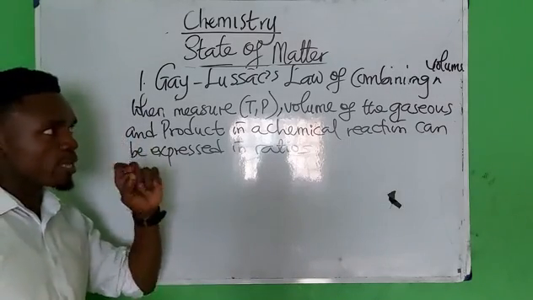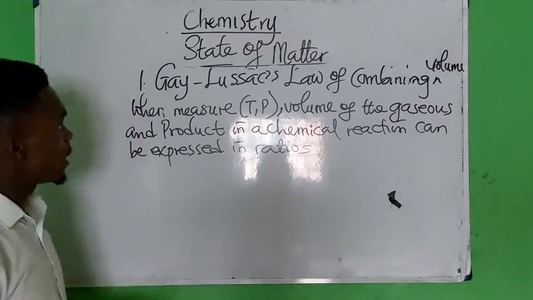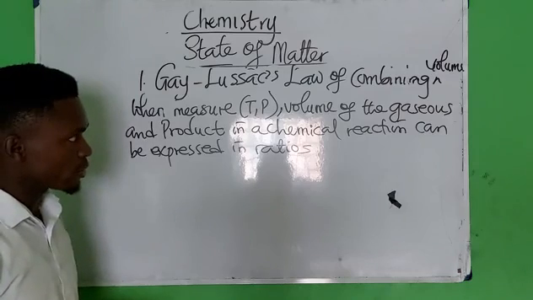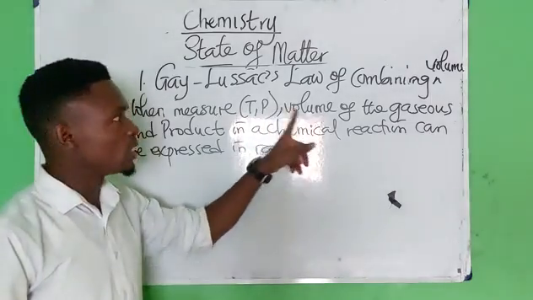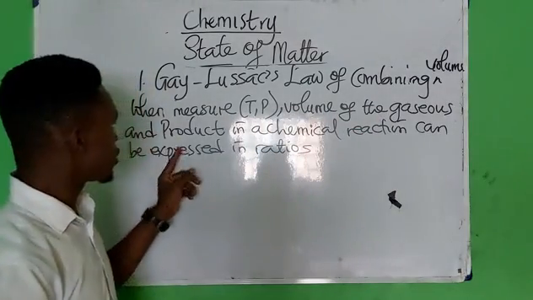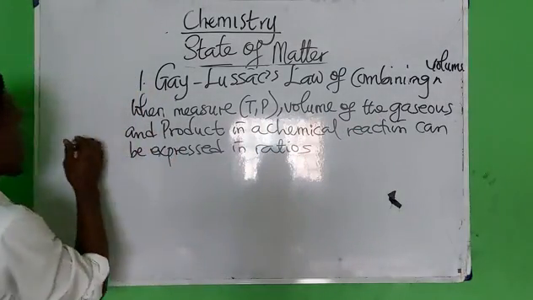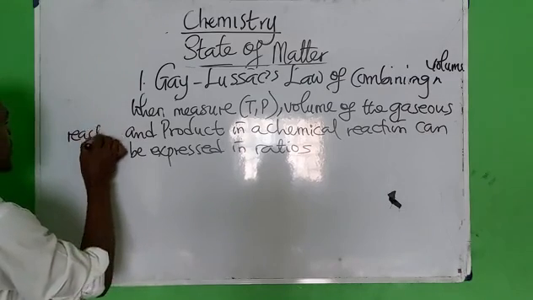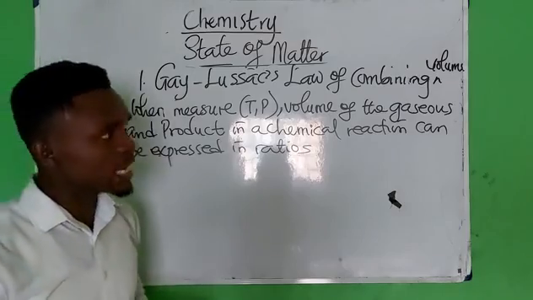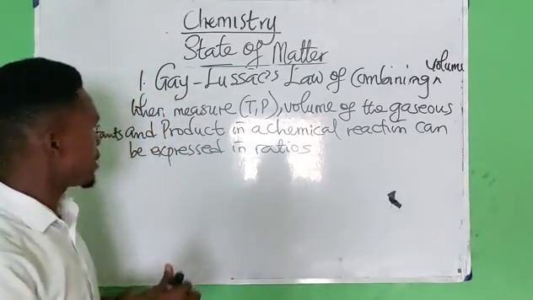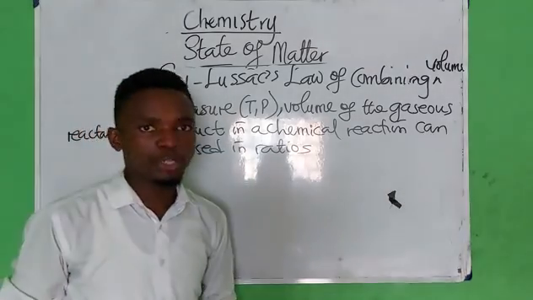Gay-Lussac's law of combining volume states that when the volume is measured at constant temperature and pressure, the volume of the gaseous reactants and products in a chemical reaction can be expressed in ratios.